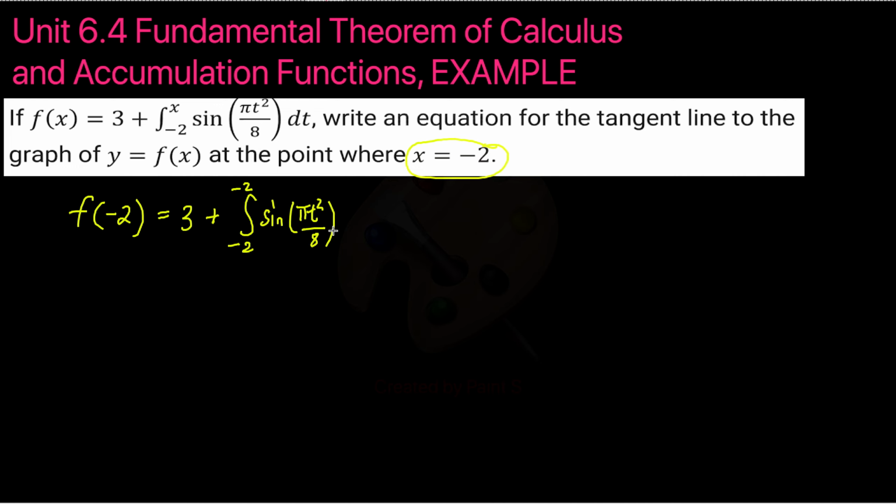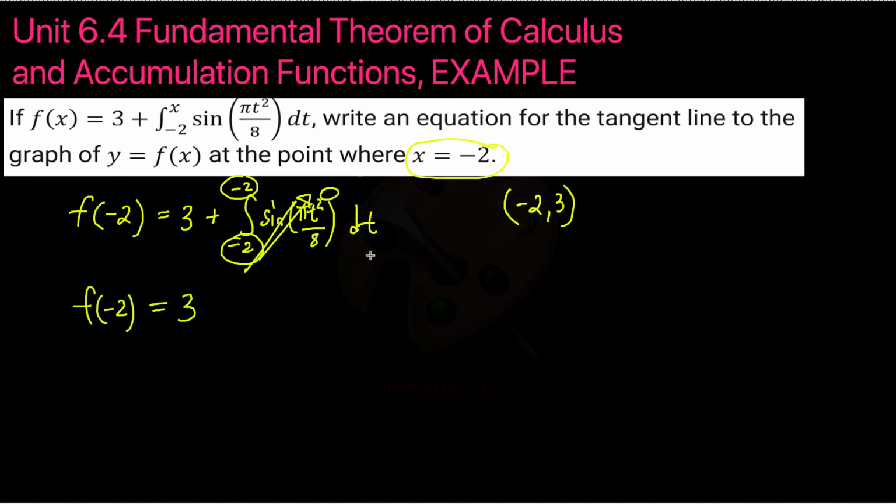It won't matter because we should see that from -2 to -2, right? If it's from a to a, this integral is always 0. And then you just get that f of -2 is 3. And now I have a point on f of x. My point is -2, 3.